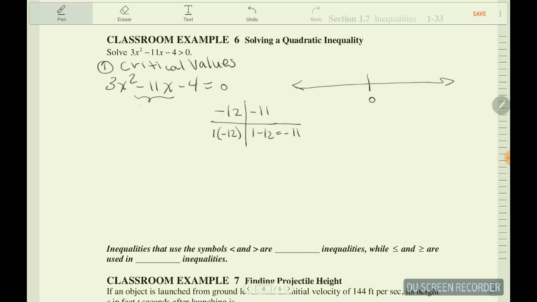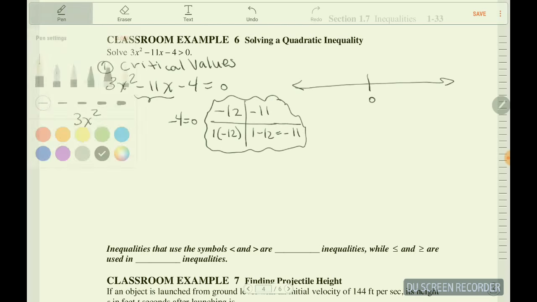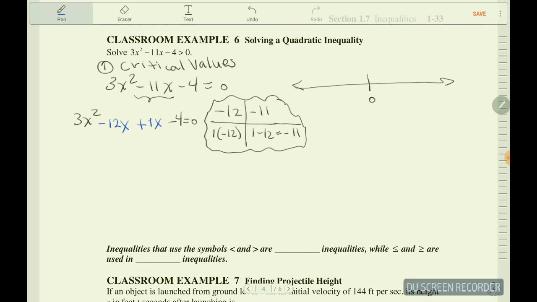Right, so I'm going to rewrite my middle term as minus 12x plus 1x.